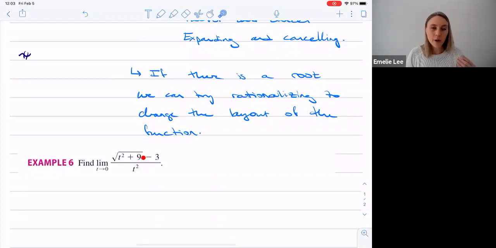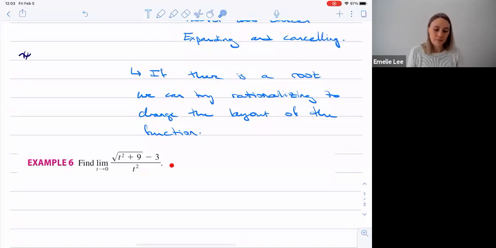Remember, probably from a previous course, or definitely if you did pre-calc, potentially not if you're coming from Math 12, but pre-calc for sure, we rationalize numbers without any reason, but this is the reason. We say, oh, here's some math that you can do. And then it's not until we get here where we say, okay, I don't want to be dividing by 0, so how can I manipulate this? One of those ways is to rationalize.